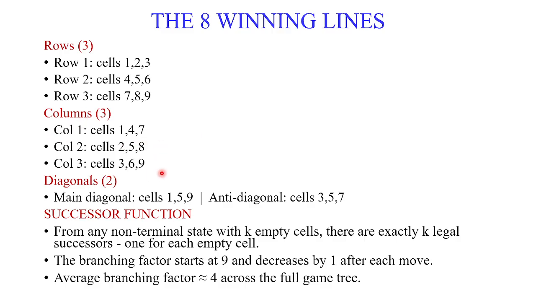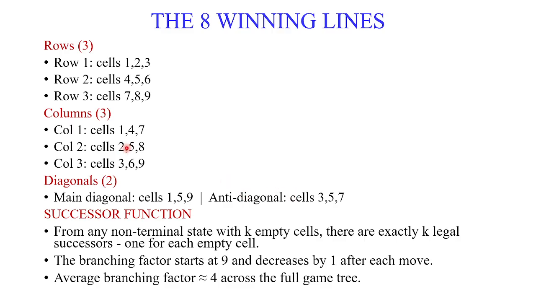These are represented as columns. Then 2 diagonals: 1, 5, 9, and the anti-diagonal 3, 5, 7. So these are the possible 8 winning lines.